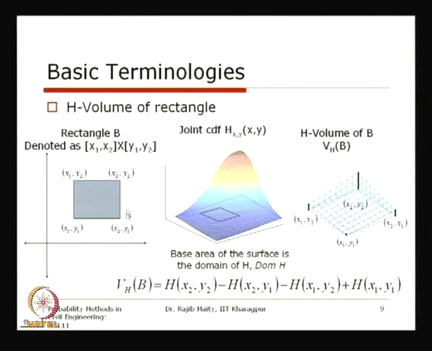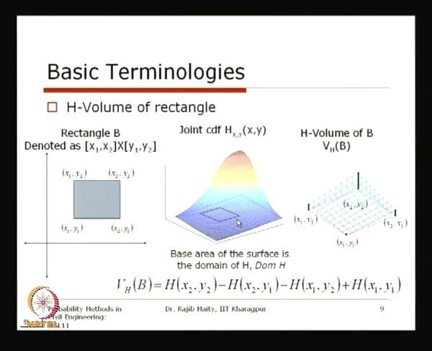If we say that this rectangle is in the domain between 0 and 1, the domain of that function, and we specifically mention that x2 is greater than x1 and y2 is greater than y1, then this is the rectangle we can see in this form. This is the plane of the two random variables. Suppose this side is x and this side is y. The same rectangle is again represented here on that plane, with this side x and this side y, and this is the rectangle that you can see here.